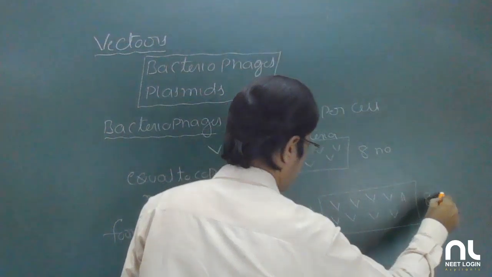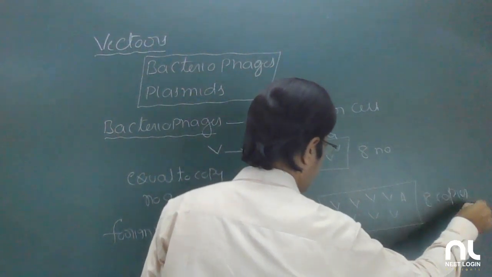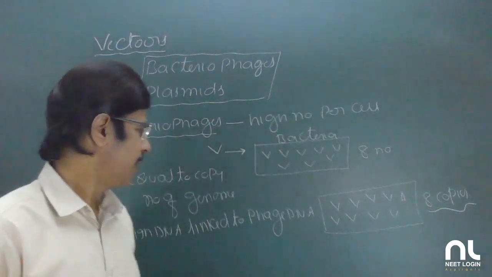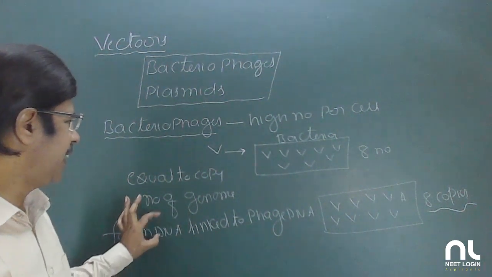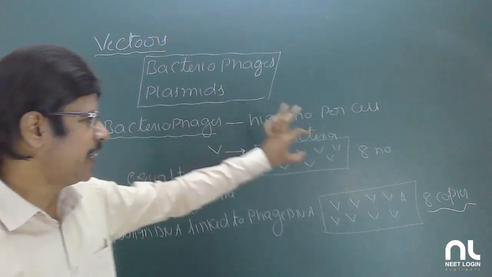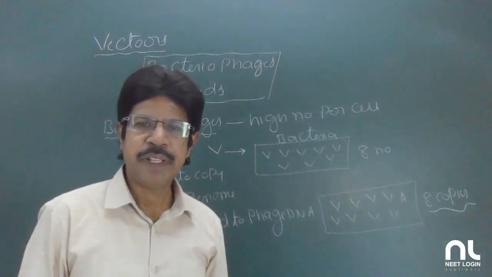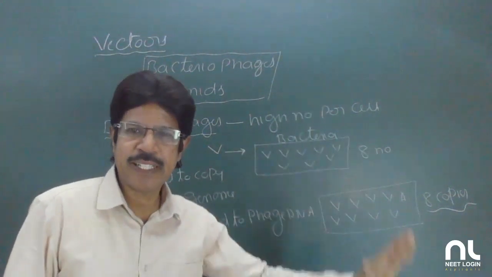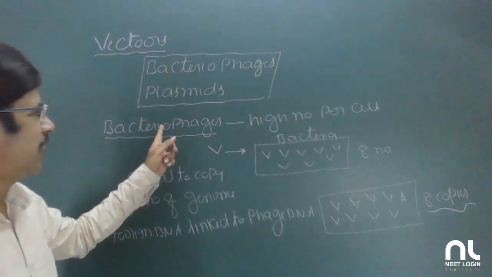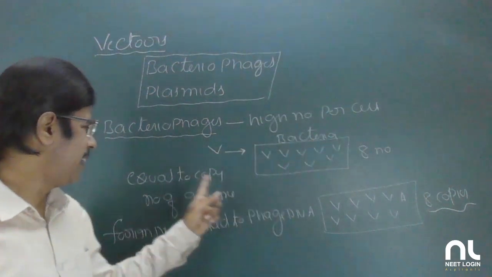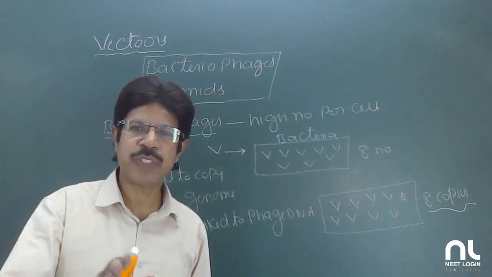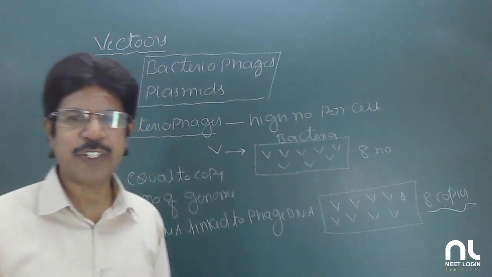You are going to get eight copies of linked DNA, because it has the capacity to produce that number inside the cell. So bacteriophages, having a high number per cell equal to the copy number of the genome, are also used as vectors.